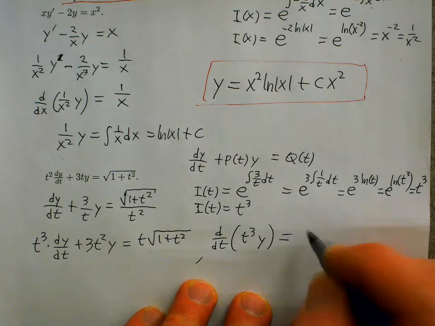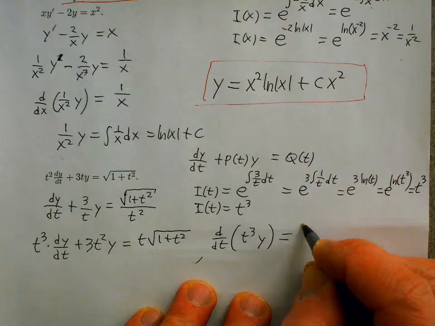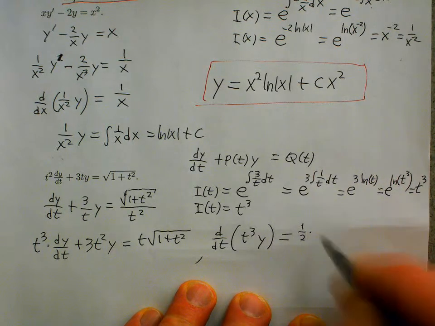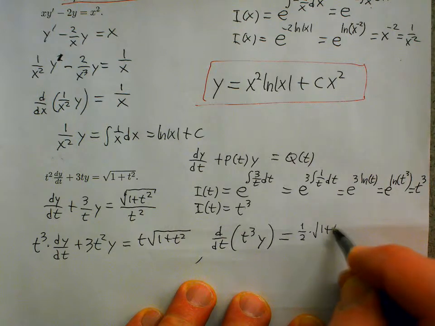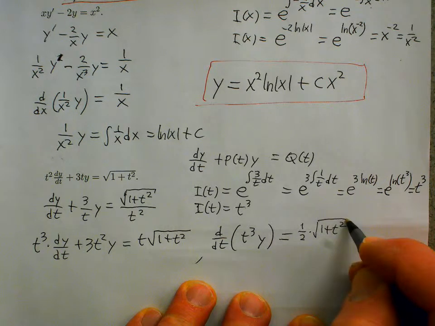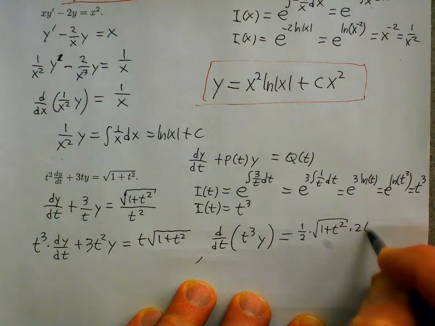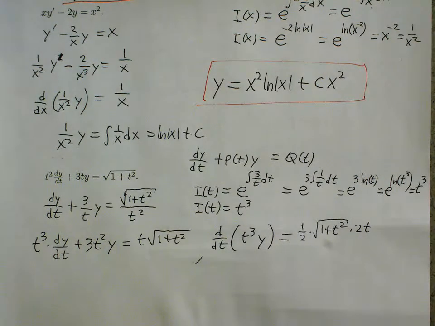So I hope this isn't confusing, but I'm going to write the right-hand side as 1/2 times the square root of 1 plus t to the second times 2t. Because when we integrate, we have to allow for that on the right-hand side.